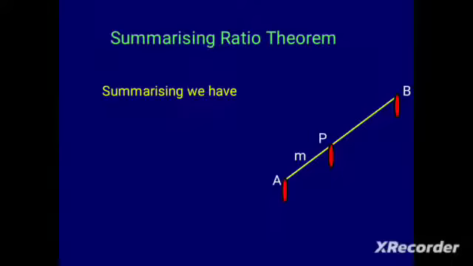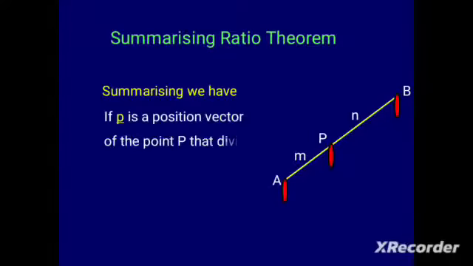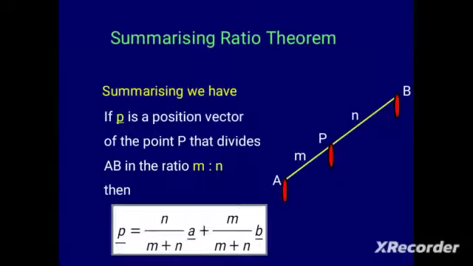So we have AP to be M, and we have PB to be N. And now we say that if P is a position vector of the point P, that divides AB in the ratio M to N, then we have that vector P is equal to N over M plus N of vector A plus M over M plus N of vector B. So we're coming back to the ratio theorem.